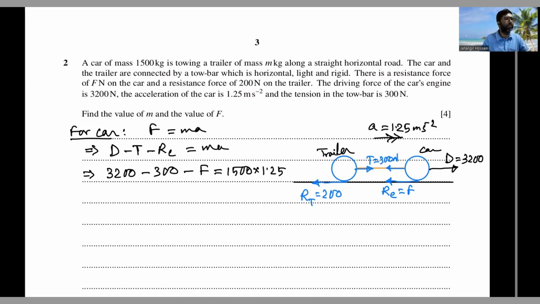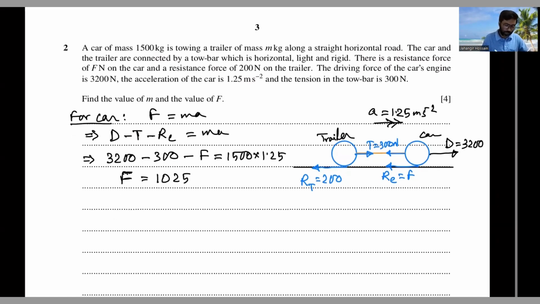So we have, calculating F, 1025. That's the value of F. Since the resistive force is F Newton, F is the number only. Now, if we apply Newton's second law for the trailer, we have the equation T minus R equals M a.